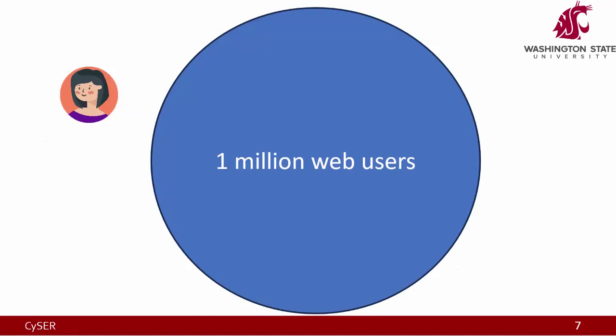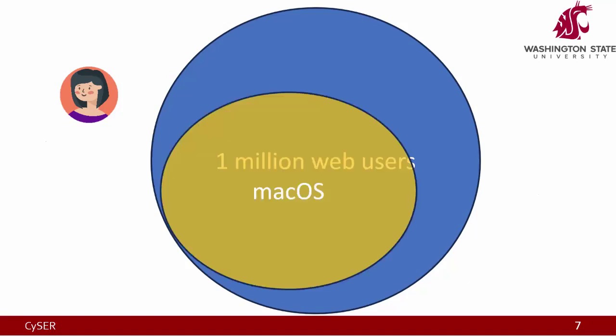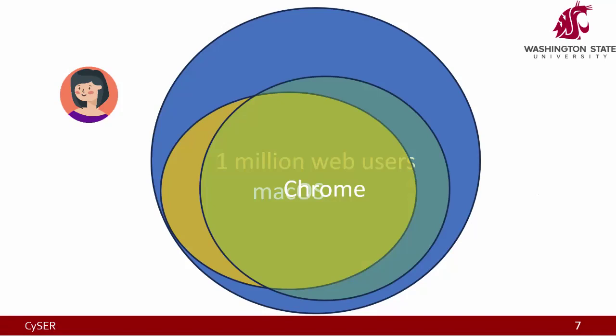Let's look at a specific example to understand how we can use fingerprinting to track the user. Let's say we have a website with 1 million web users, and we want to identify Alice. How can we do that using fingerprints? We know that Alice is using Mac OS, so she's in this area. We can collect more fingerprints about Alice's device. She's using the Chrome browser, so in this area.